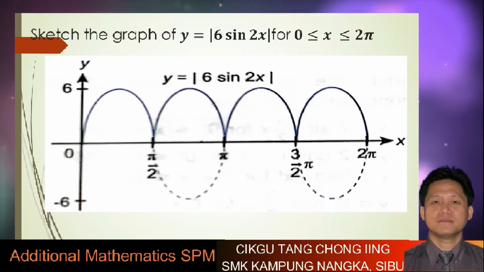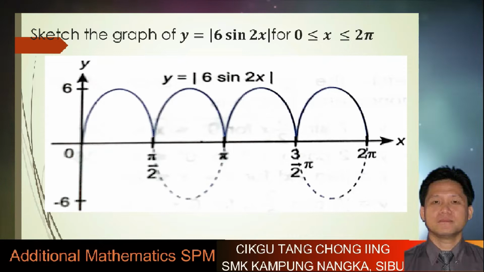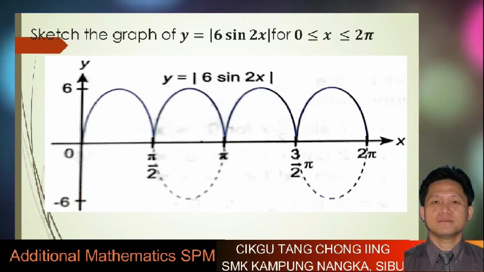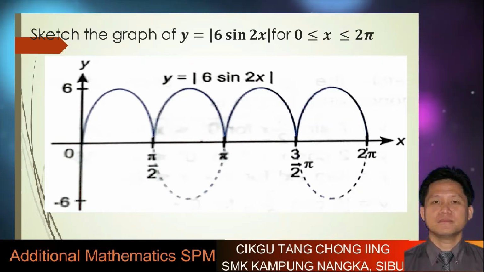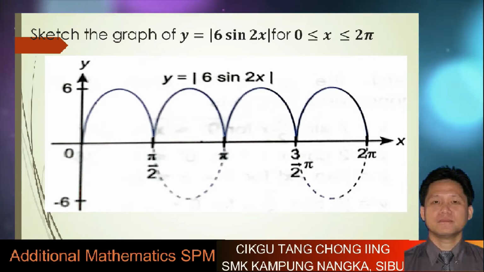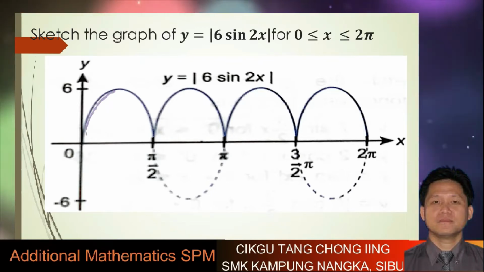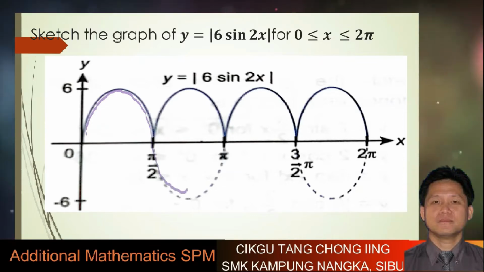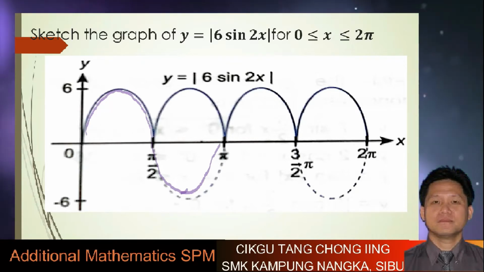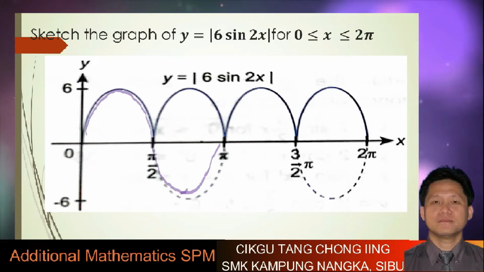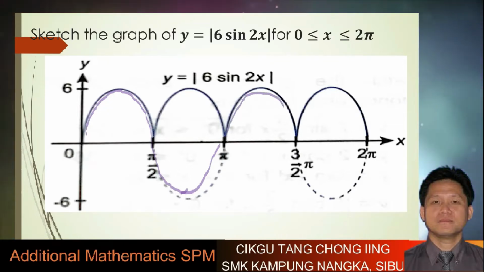Alright, so sine 2x means within the range of 2 pi, we have 2 cycles of sine x, which is here. Right, you notice here. Down here, coming down, one whole cycle of sine x, and then another one here.